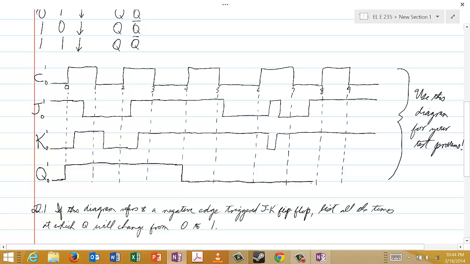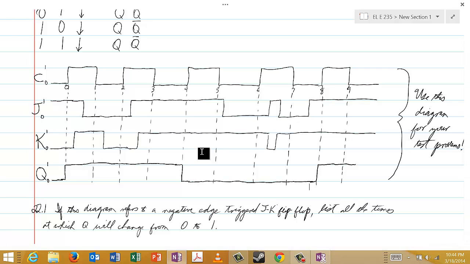And so since the present value of the output is 0, the next value after that will be 1. And that finishes the output for this problem. So this would be the appropriate output signal if this diagram refers to the inputs for a positive edge triggered JK flip-flop.